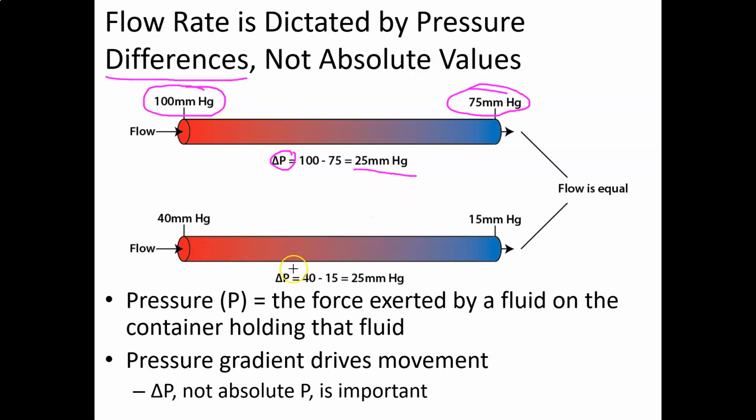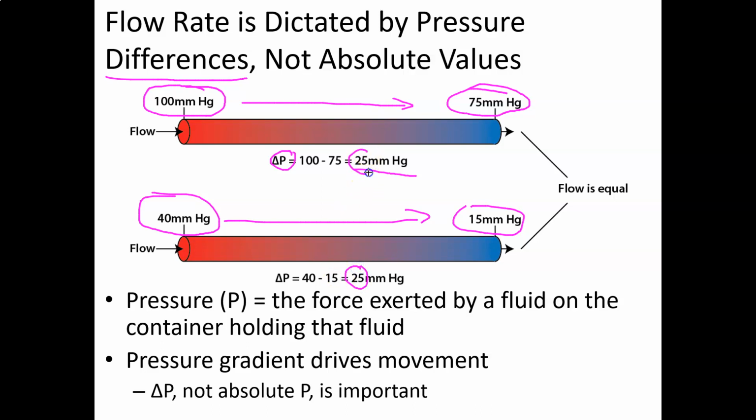Here's another vessel. Notice it's the same length, same width or diameter. Its pressure at the one end is 40, and at the other end is 15. Just like the top one, blood goes from high to low pressure, left to right. But if you look at the pressure difference, even though the total pressure is significantly less in both of these, the delta P is still 25.